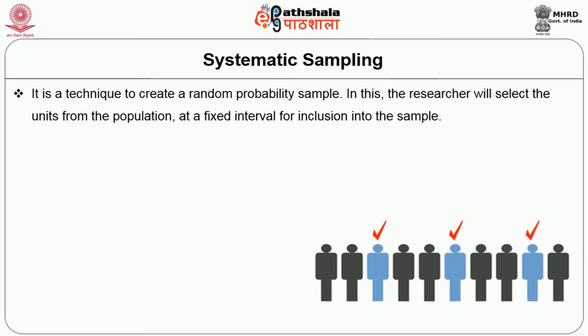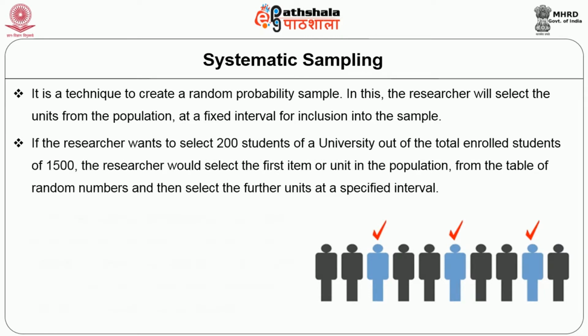For example, if the researcher wants to select 200 students of a university out of the total enrolled students of 1500, the researcher would select the first unit in the population from the table of random numbers and then select the further units at a specified interval.